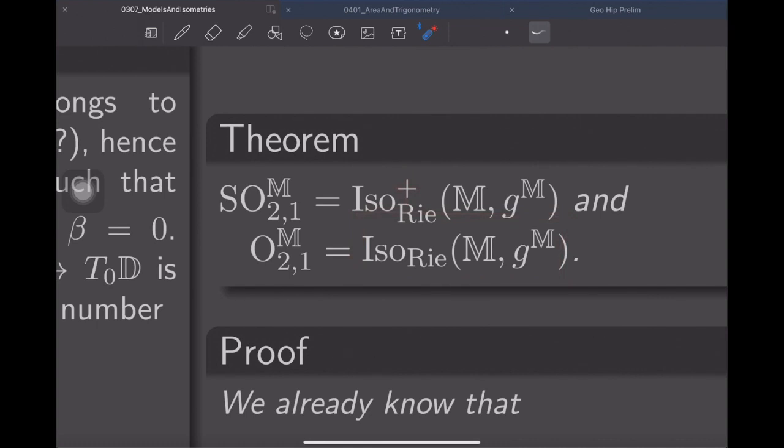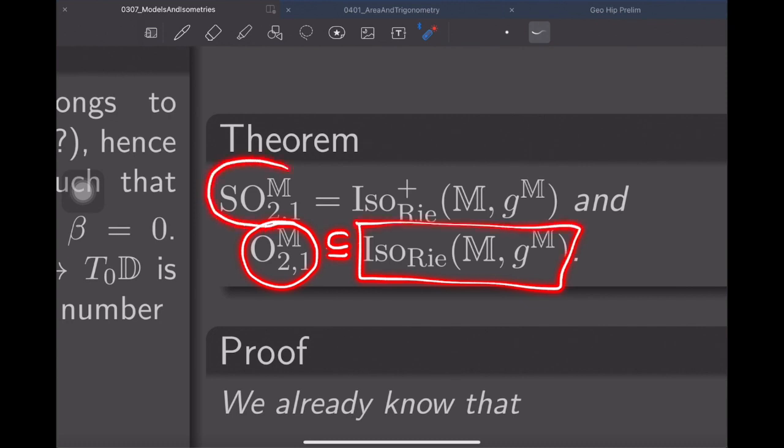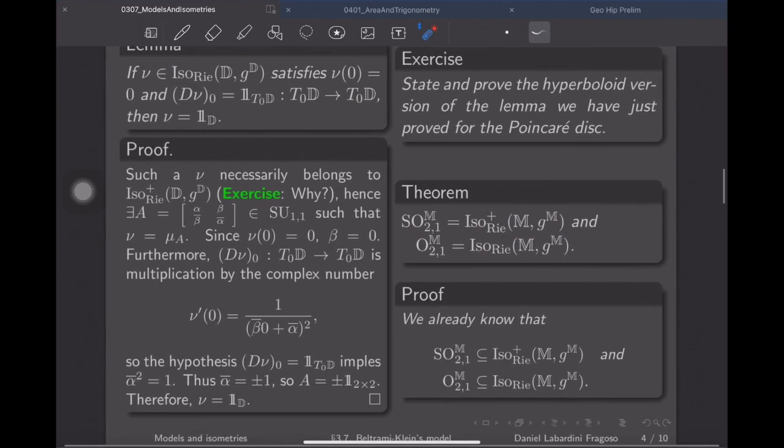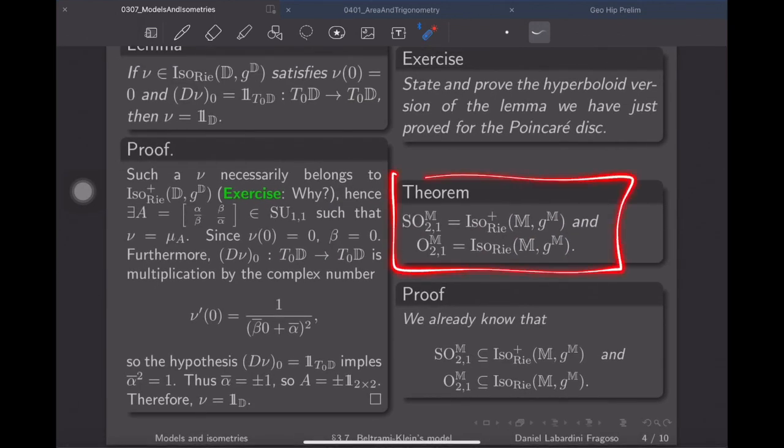So if you recall, we showed that this, which was the orthochronous Lorentz group, was contained here, and we showed that this, which we called the restricted Lorentz group, was contained here. But at that point, we didn't manage to show that there was equality. So now we are going to prove it. There are two possible strategies.